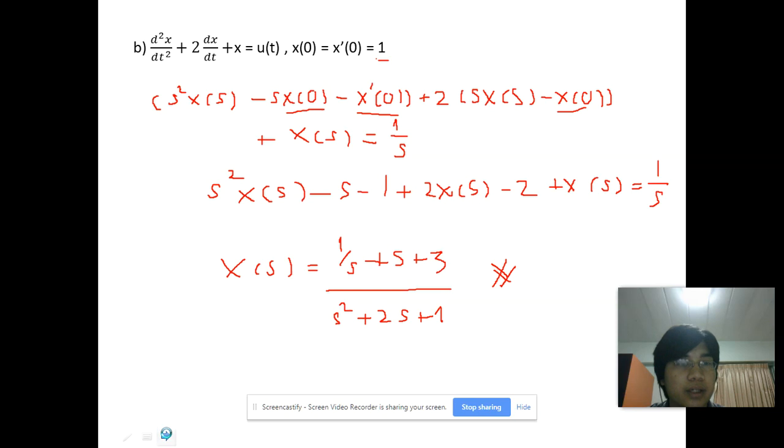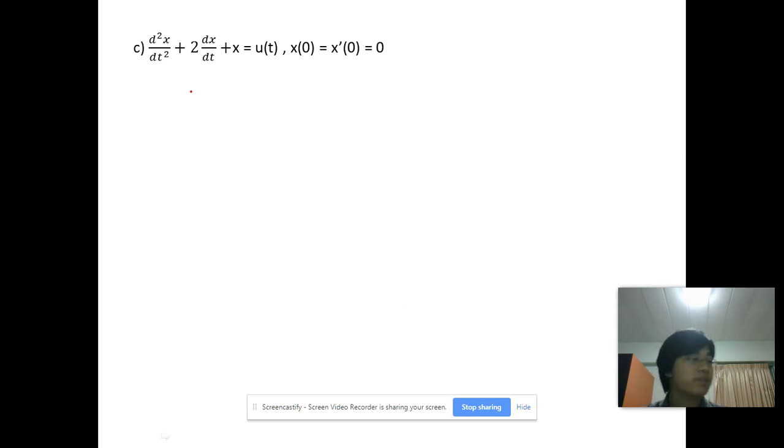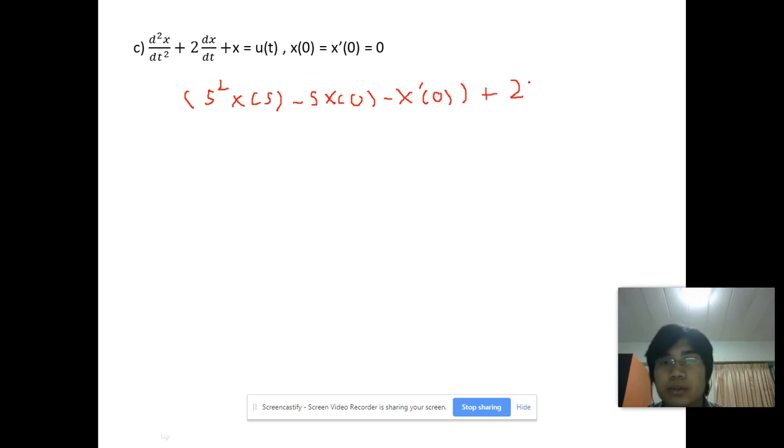And the last one, just the same technique, we place the second derivative and first derivative. So it will become s squared X(s) minus s x(0) minus x'(0), plus 2sX(s). We just turn the number 1 from the last problem to 0.